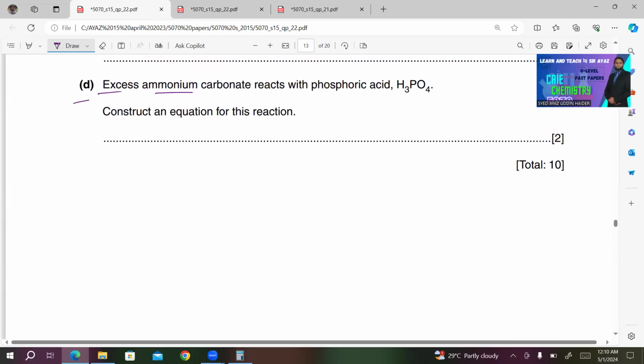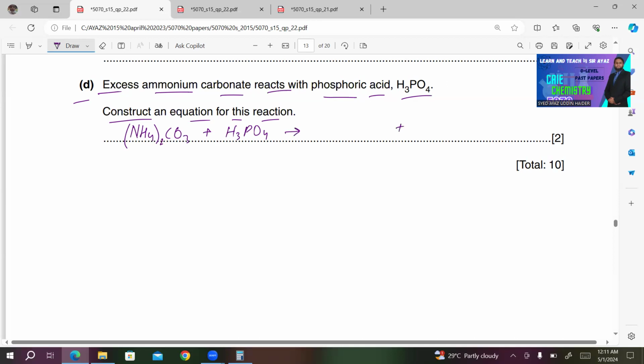Part D. Excess ammonium carbonate reacts with phosphoric acid, H3PO4. Write an equation for this reaction. Ammonium carbonate is (NH4)2CO3 because CO3 carries a -2 charge. Phosphoric acid is H3PO4. This reaction between carbonate and acid gives three products.